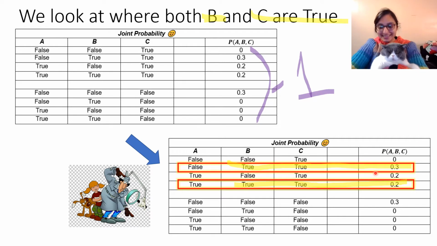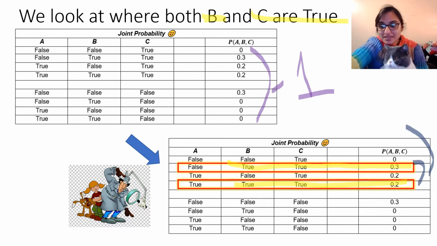That's 30%, and then where A is true and B is true and C is true, which is 20%. Right now, it does not matter what the outcome for A is. We only care about B being true and C being true. So when we add 30% and 20% together, this is going to be 50%.